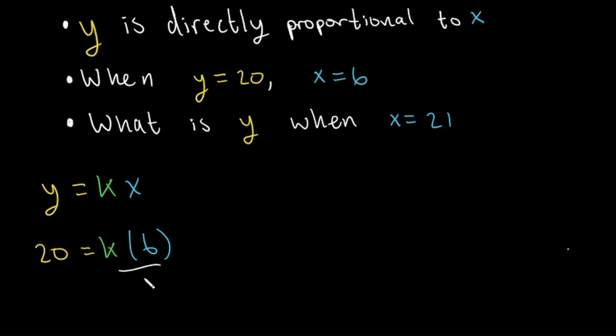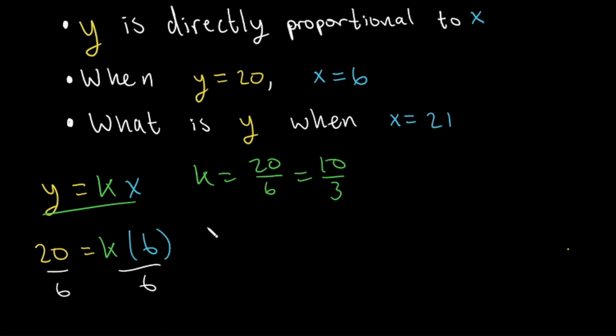If we divide both sides by 6, we will find that k is equal to 20 over 6, or 10 over 3. So now we have k, and we can substitute our k in, and then we will have our final equation.